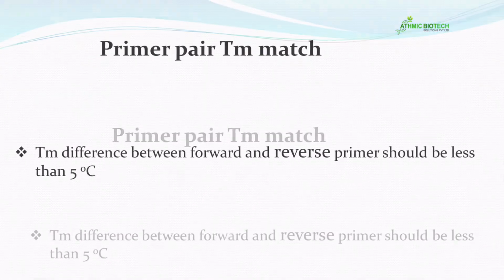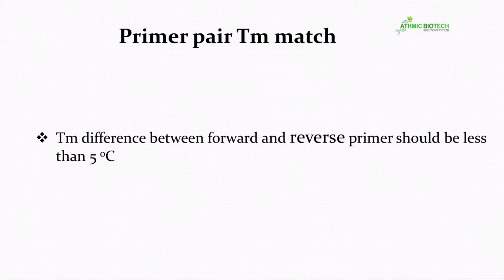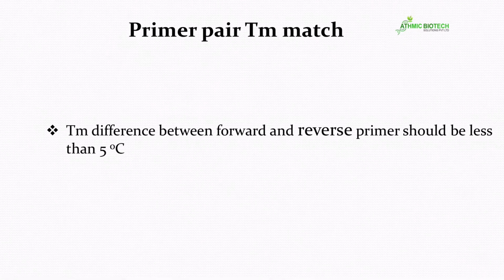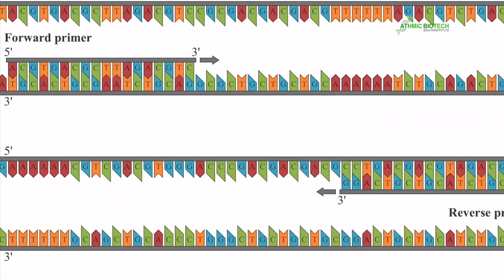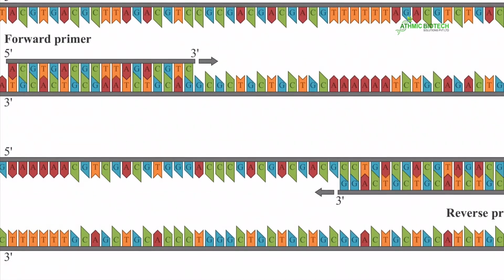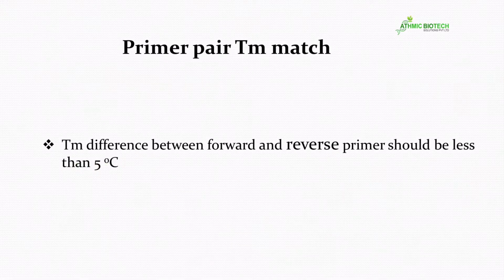Primer pair Tm match. In a PCR, we have two primers, one forward and one reverse primer. For the forward primer, you calculate the Tm value, that is the melting temperature. Then for the reverse primer you also calculate the melting temperature, as discussed in the previous slide.